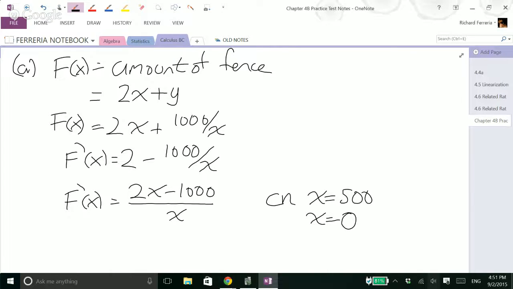Oh, isn't it? It is over x squared, right? That means my critical number is wrong. Square root of 500, that's 25 times 20, 100 times 5, 10 root 5. I don't know if that's right, though.